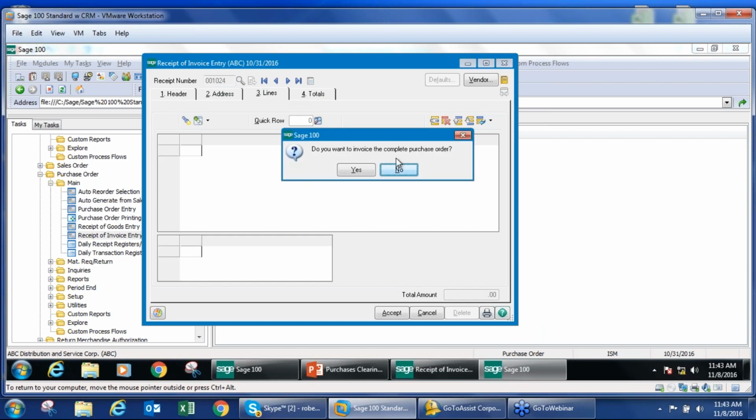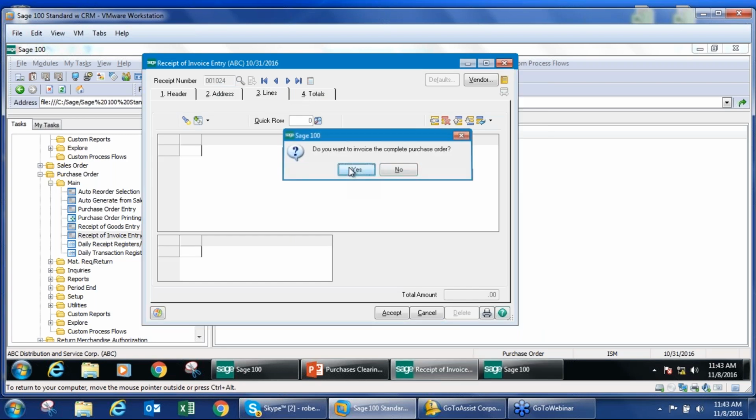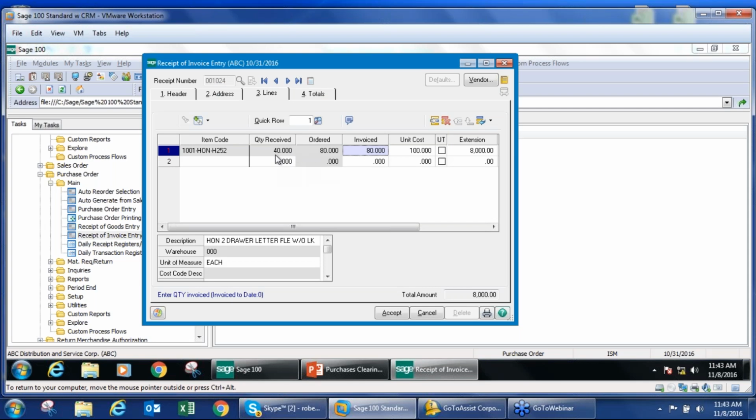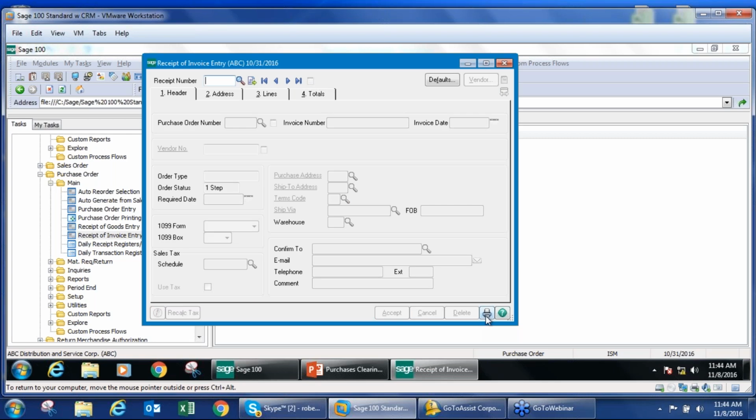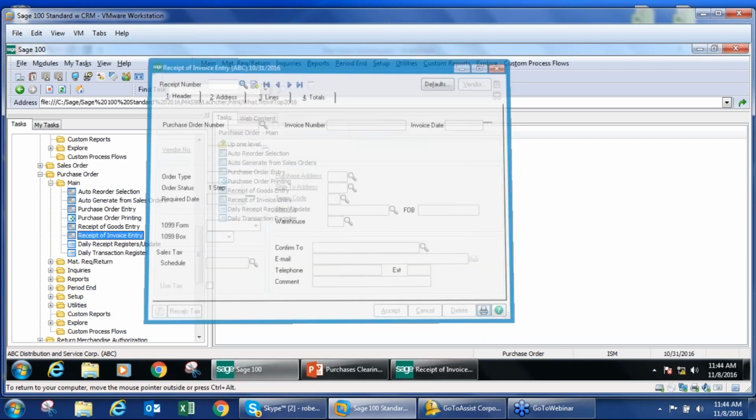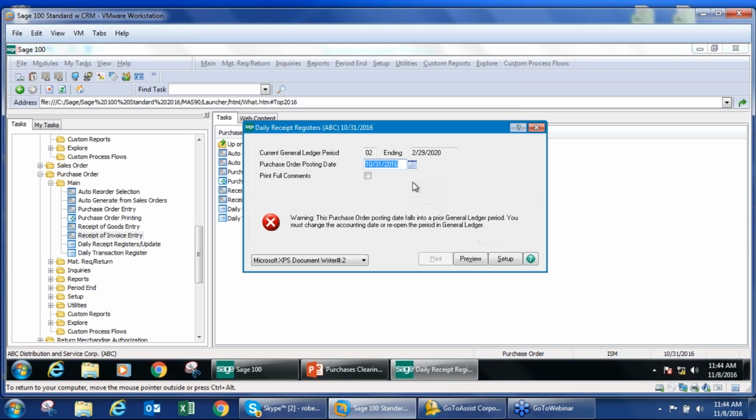When I get to my lines tab, I'm going to hit yes. However, since they only shipped us 40, they only invoiced 40. So this matches what I showed earlier with our T account. Go ahead and post this through.